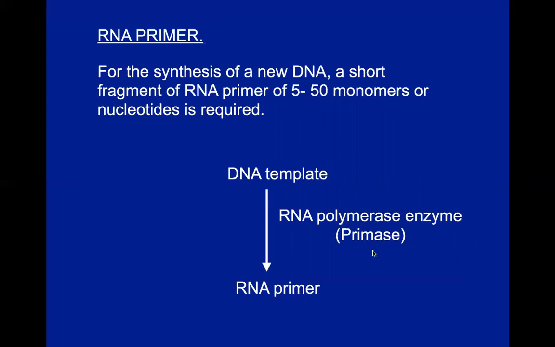This enzyme doesn't need a 3' hydroxyl group. So it directly adds the nucleotides, which are complementary to the existing DNA template. So primase enzyme forms the RNA primer, and to this RNA primer, DNA polymerase starts synthesizing the new strand.